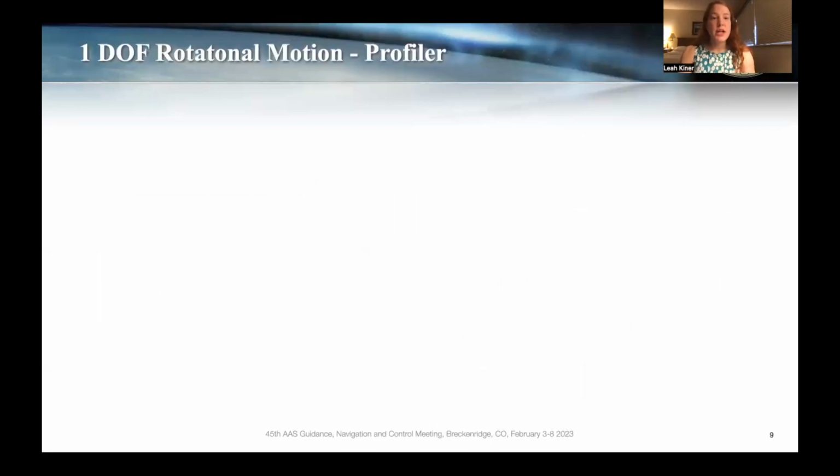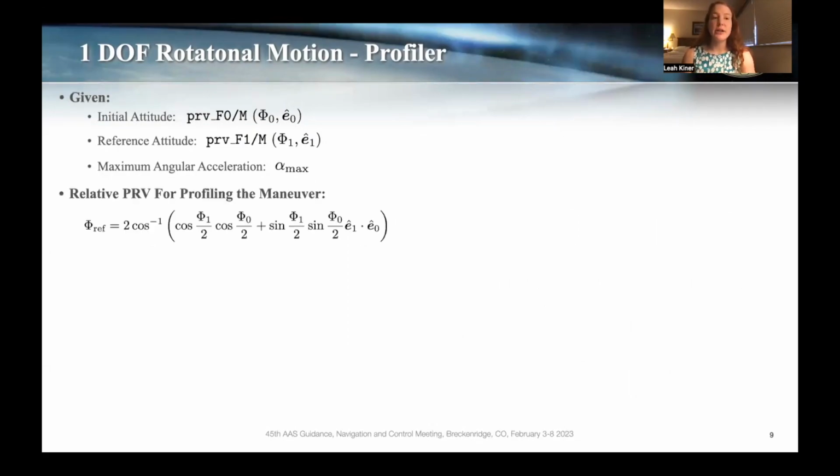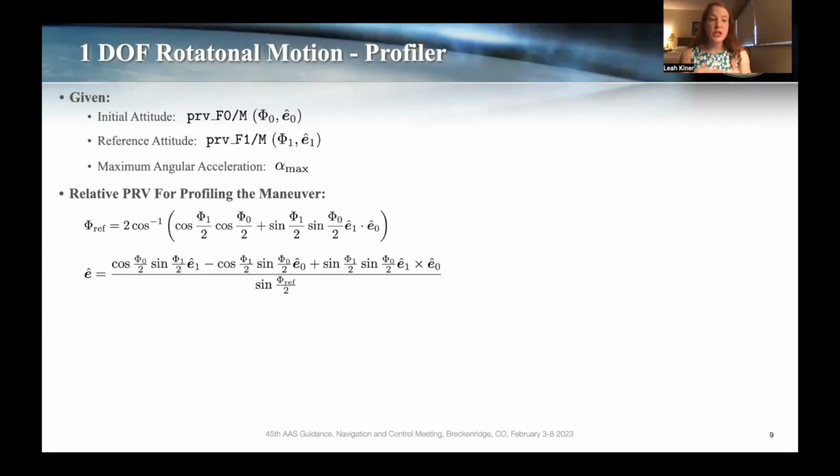So for our rotational profiler, we're given our initial attitude, our reference attitude as a principal rotation vector, and a maximum angular acceleration set by the user. And with this information, we can define our relative PRV for this maneuver. So essentially, this phi ref is the angle that we need to move through to converge to our desired reference attitude.